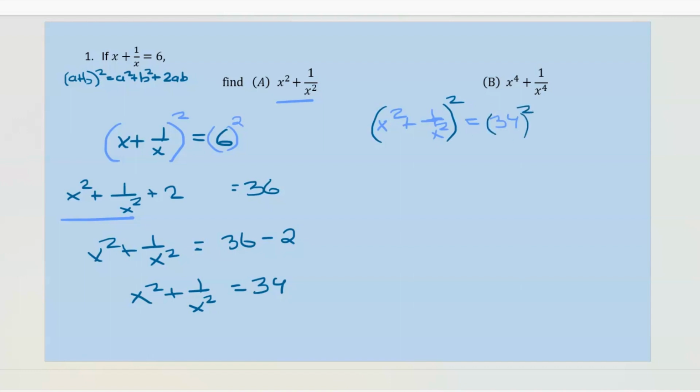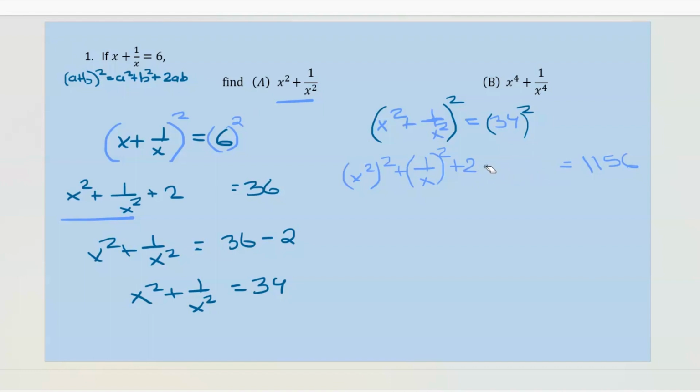And that is going to result in x squared whole square plus 1 over x squared whole square plus 2 times x squared times 1 over x squared equals 34 whole square, which is 1156. 34 times 34 would be 1156. And then here you can realize that x squared times 1 over x squared would cancel to 1.